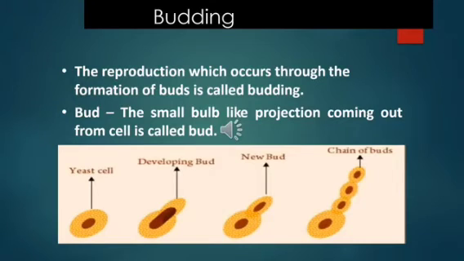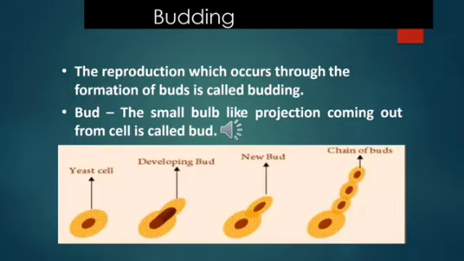Now we have already learned about the tiny organisms called yeast. This yeast can grow and multiply every few hours if sufficient nutrients are made available for them.